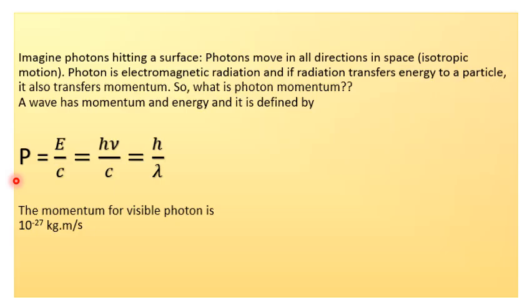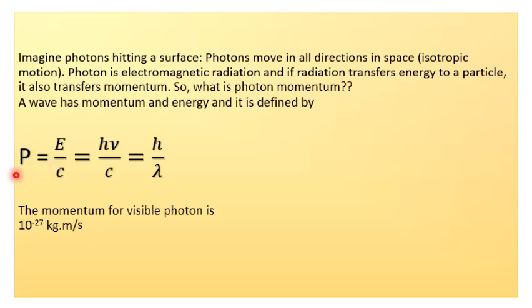The energy of an electromagnetic radiation depends on its frequency nu, which gives h nu divided by c, and therefore we get h by lambda, where lambda is the wavelength of the electromagnetic wave.